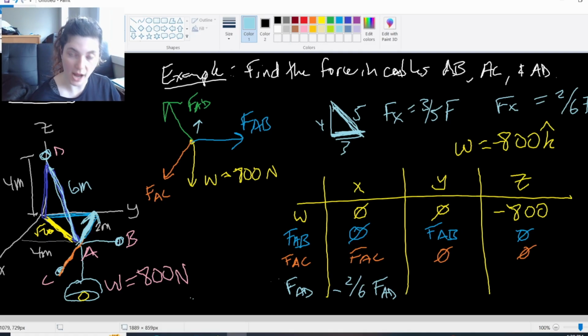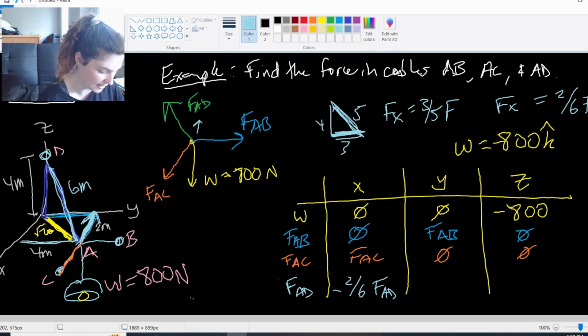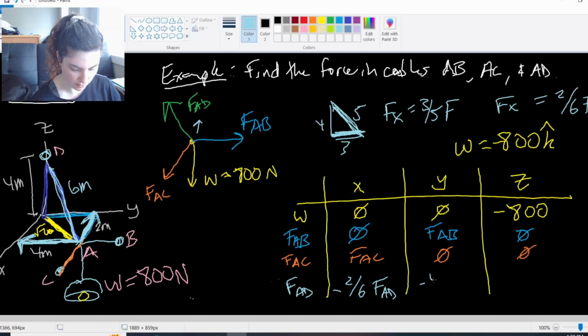If we look at our y component of it, our y is going in the negative y direction for 4 meters. So that's going to be -4/6 FAD, right? It's the y component of FAD over the magnitude times FAD.